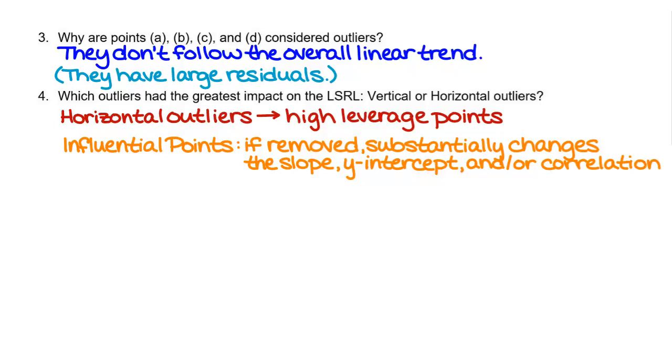To be an outlier, it just means it doesn't follow the linear trend of the other points. Influential points are any points that if I take them away, or in our case, add them, your y-intercept, your slope, your correlation, any or all of those are changed or greatly affected by that point.